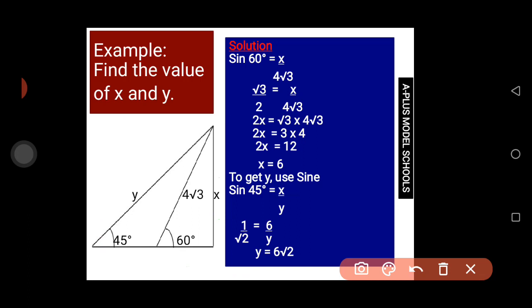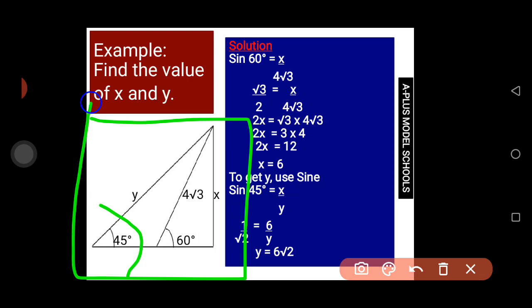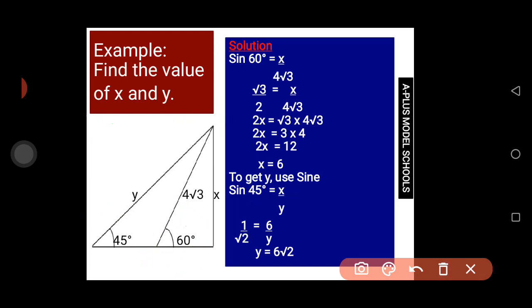So to get my y, use sine 45 degrees. I'm using the whole of the triangle, so I cannot use 60 degrees because 60 degrees is not for the whole of the right angled triangle.